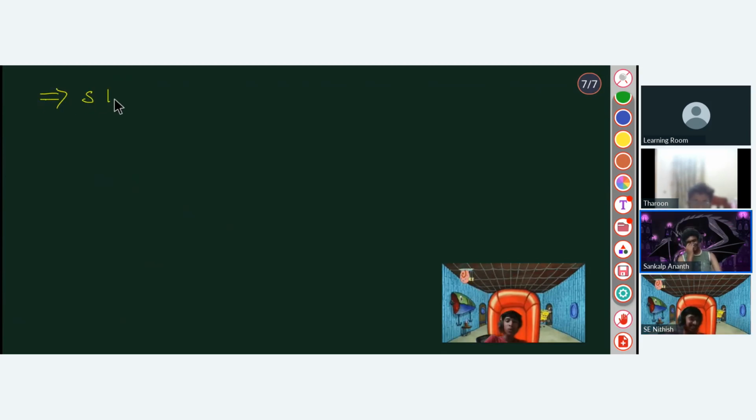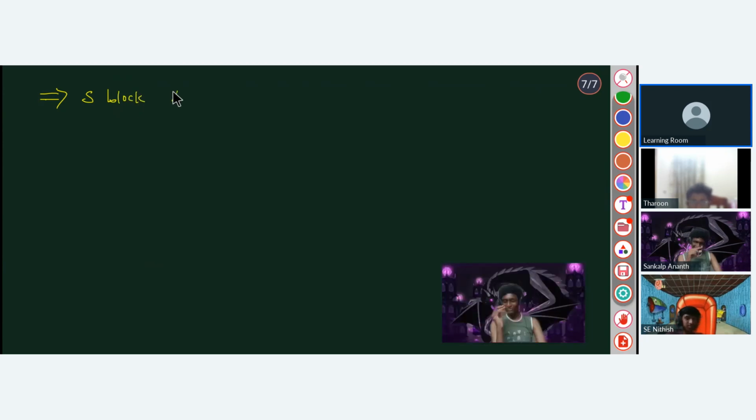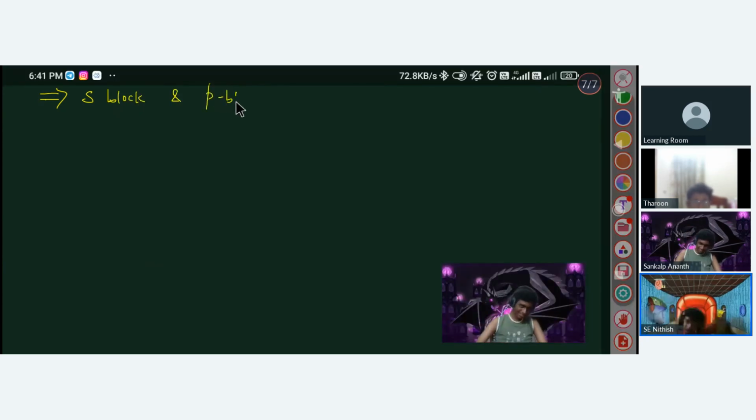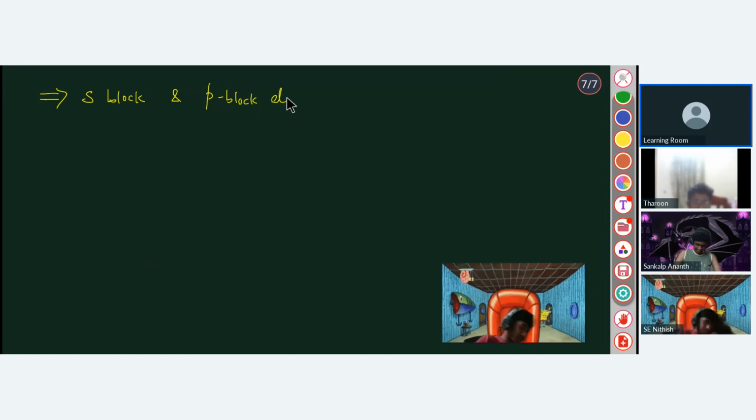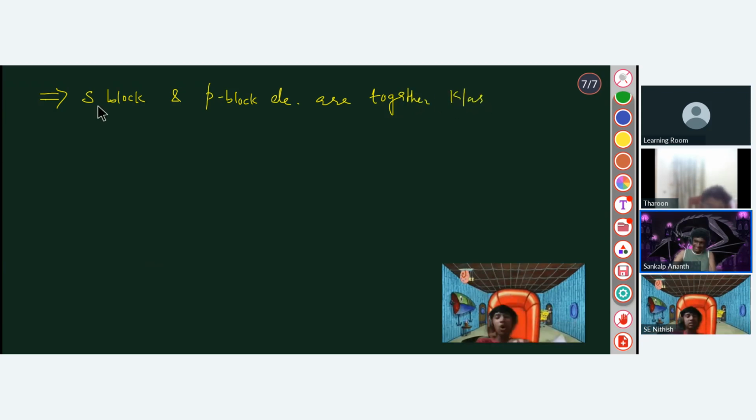See here now, s block elements and p block elements are together known as what? The s block is your group 1 and group 2, and the p block is your group 13 up to group 18.